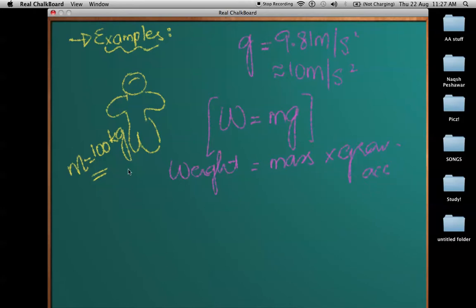So we want to find out the weight. W equals mass, which is 100, times the gravitational acceleration of Earth, which is 9.81 meters per second square. So the weight of this astronaut becomes 981 newtons on Earth.